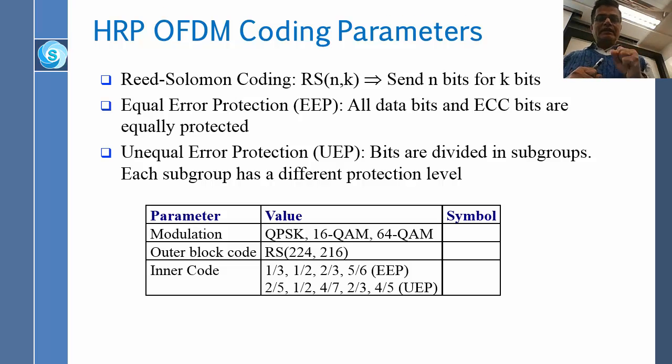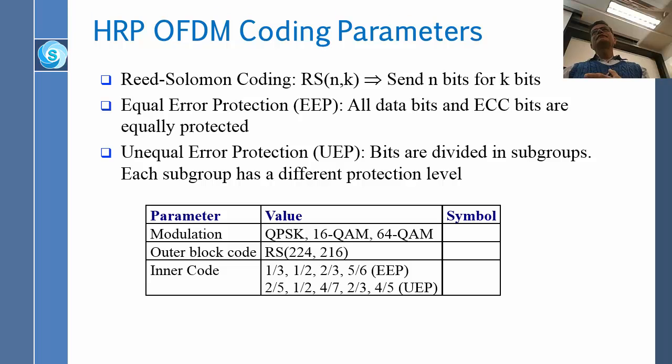And the new thing here is unequal error protection, because we have not seen this in other standards. Okay, this was designed especially for video, and the video people realized that the first few bits are more important than the last few bits, so they introduced this UEP.